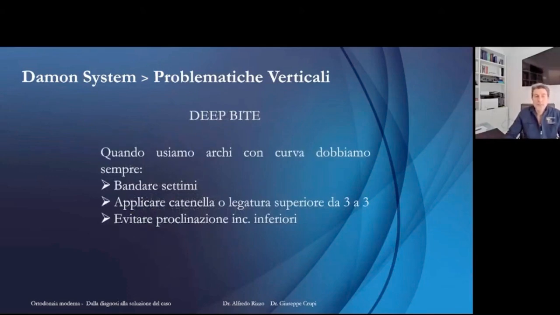wires. When we use arches with curves, we must always consider the fundamental rules. We mount second molar tubes. The second molar should always be bonded, in any class, in any case, but in most cases when we use arches with curves, it is absolutely obligatory, because otherwise we may lose control of the arch wire.